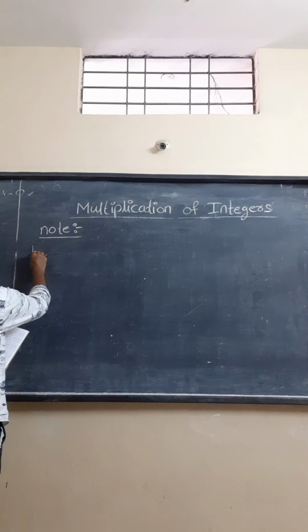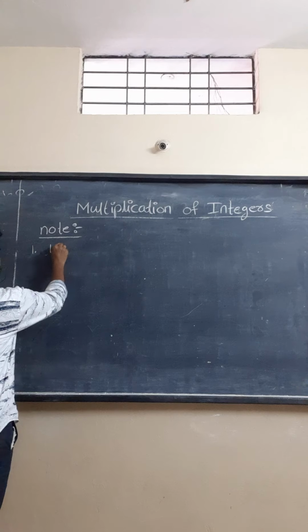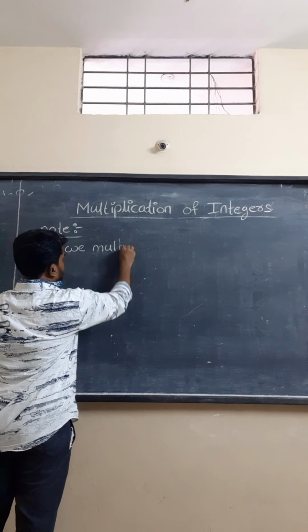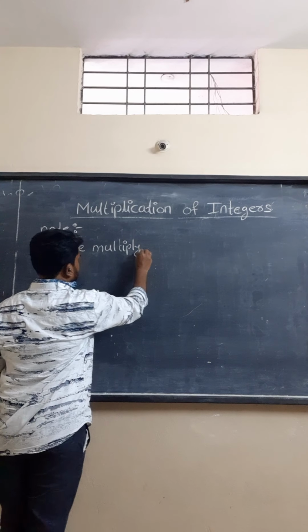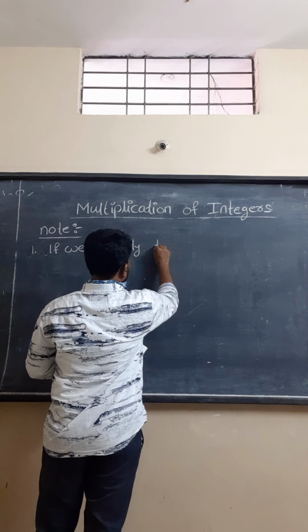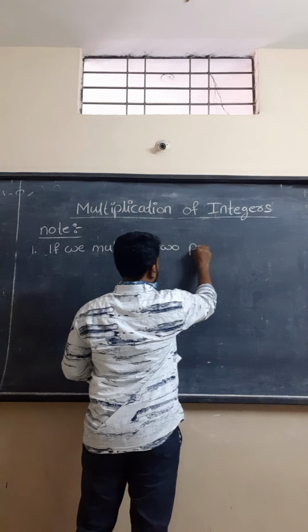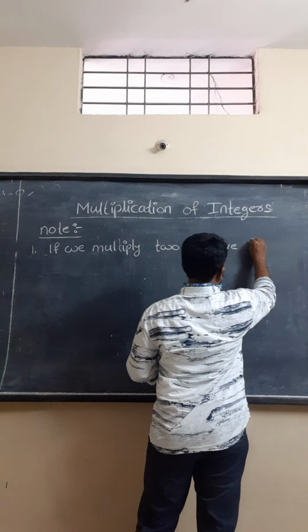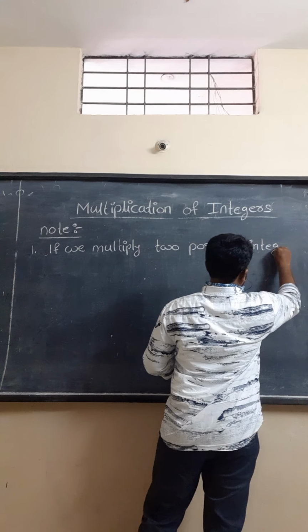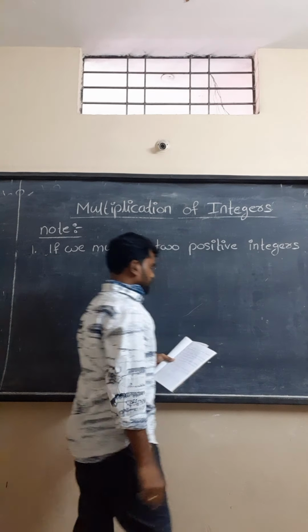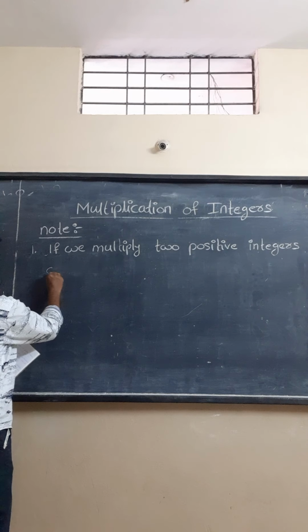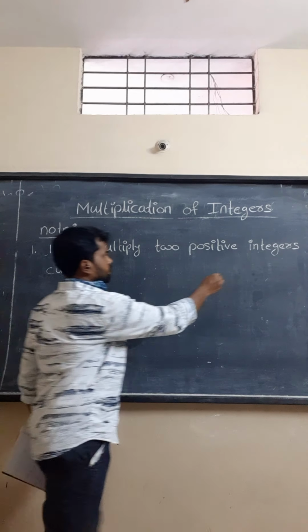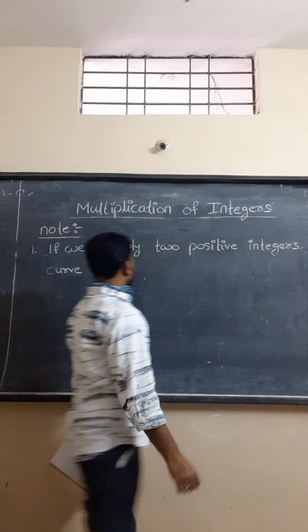Okay. Now, first one. If we multiply two positive integers, the curve is moving, put the comma here, positive integers.